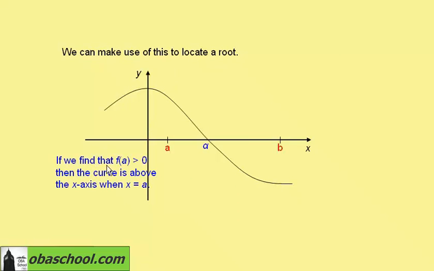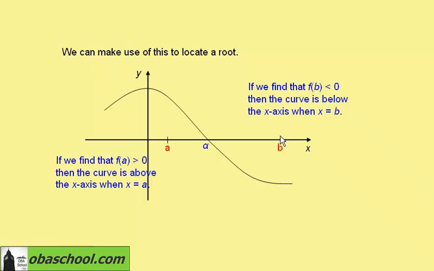If we find that f of a is greater than 0, then the curve is above the x-axis when x equals a. We can see that here. Here's a, and the curve is above the axis, which is shown by f of a being greater than 0. If we then find another point b, so that f of b is less than 0, then the curve is below the x-axis when x equals b.